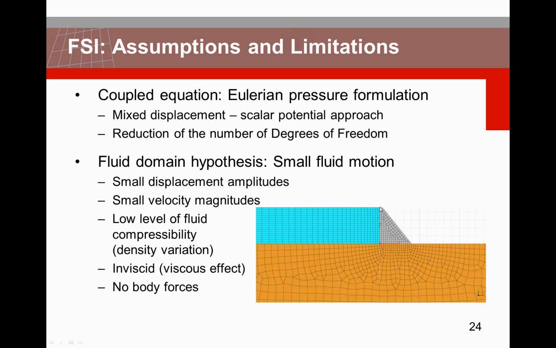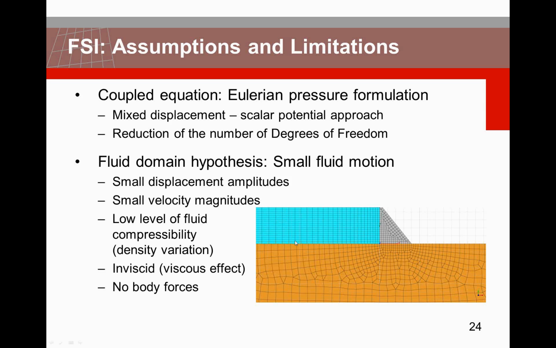What we will do is introduce a sort of equivalent element here, which represents the entire reservoir, the entire fluid, and then perform a structural kind of analysis, but on the interface of the fluid and the structure, there will be a mass and damping contribution from the fluid part.